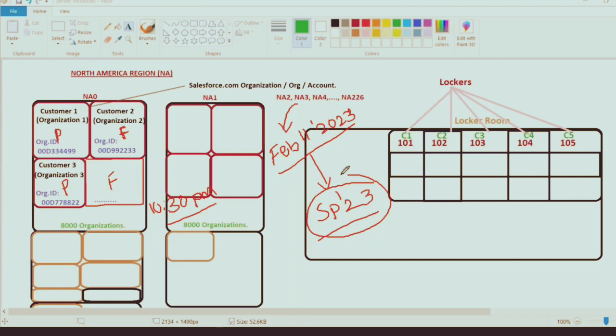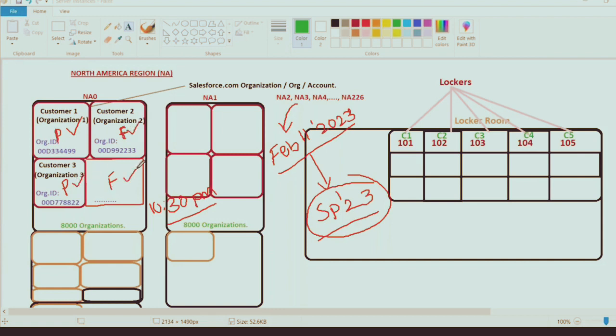So whenever Salesforce is giving the new release, the features will be applicable to each and every customer free of cost. He may be a paid customer, he may be a free customer also. Both will be getting the new features automatically over here. Clear? These people also will be getting the same new features.